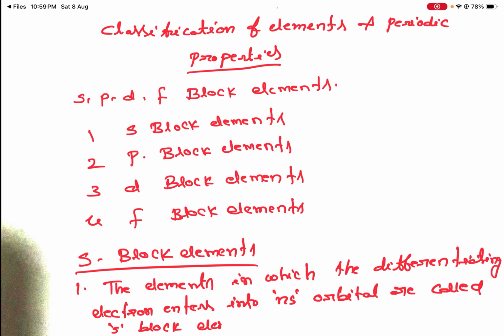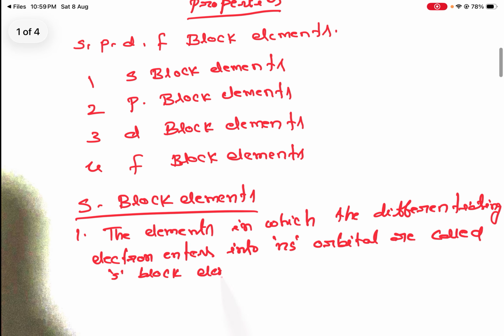This is a very important point. The elements in which the differentiating electron enters into the ns orbital are called S block elements.